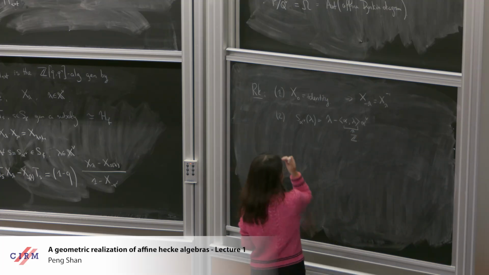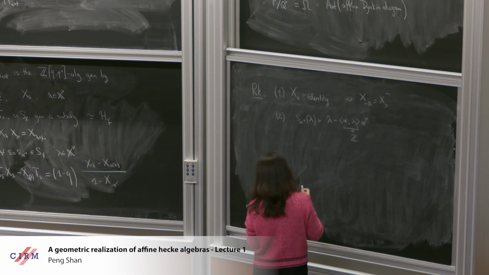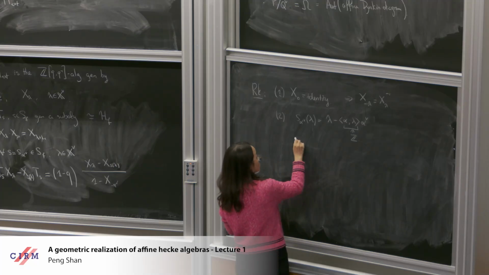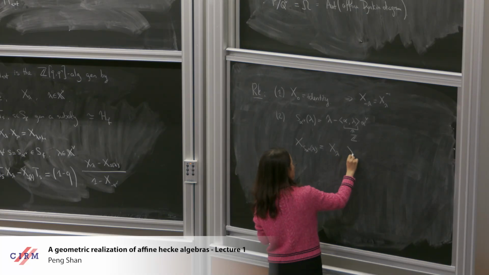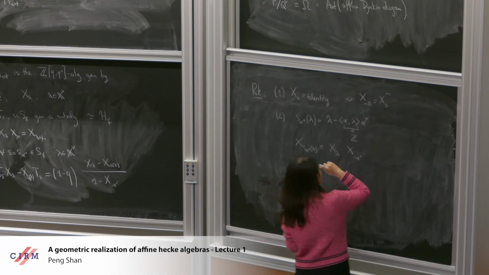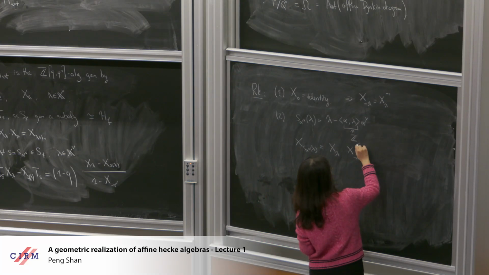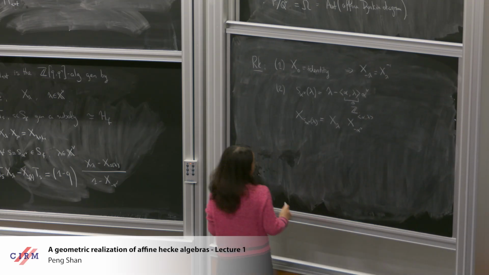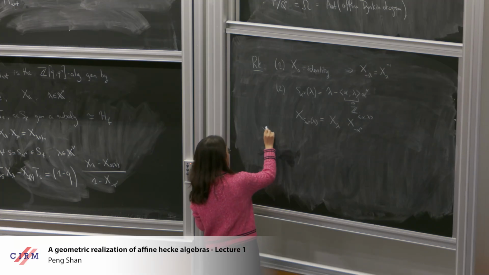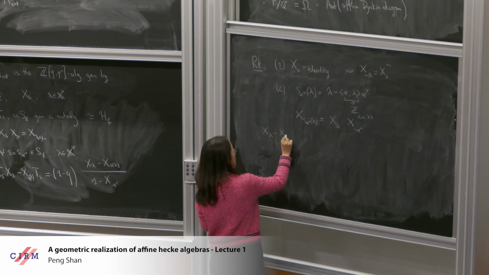And so therefore our x of s alpha check of lambda is x lambda times x minus alpha check to this power alpha lambda.